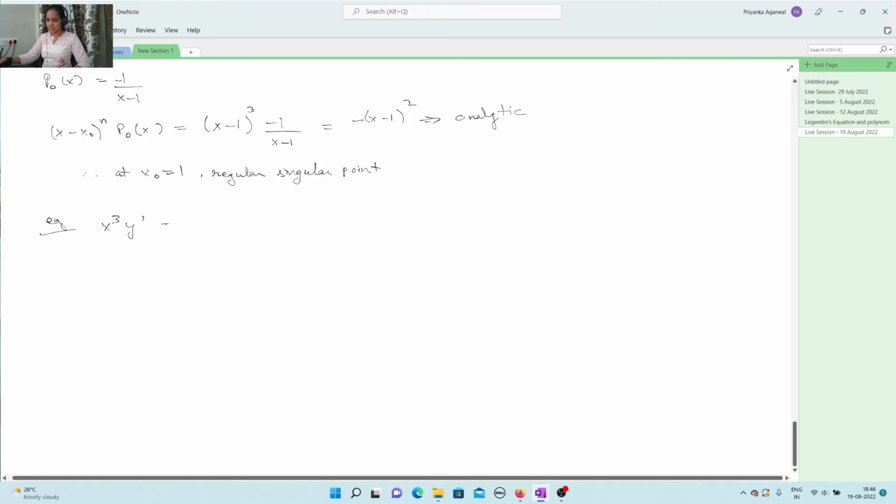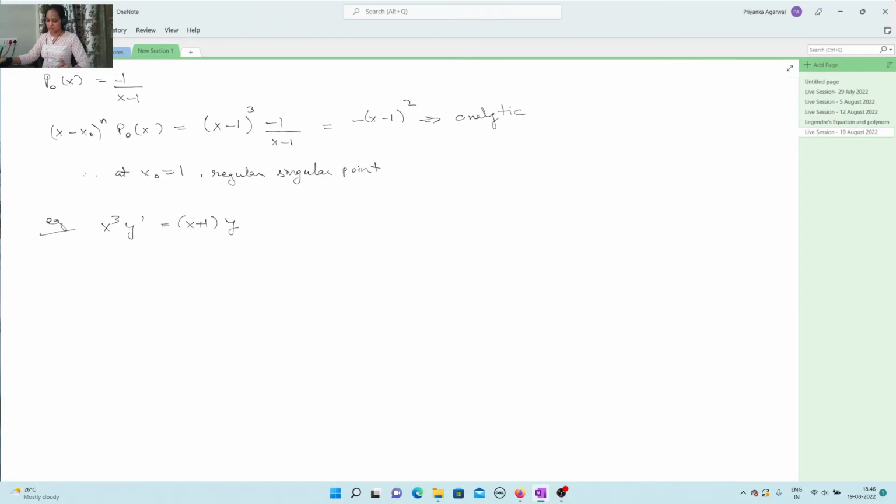x cubed y' equals (x plus 1) times y. Now this will be y' minus (x plus 1) over x cubed y equals 0. Now, x equals 0 is a singular point, so we will check for regular singular point at x equals 0. In this case P0(x) will be minus (x plus 1) over x cubed. Here (x minus x0) is x, and n will be 1 since it's first order.